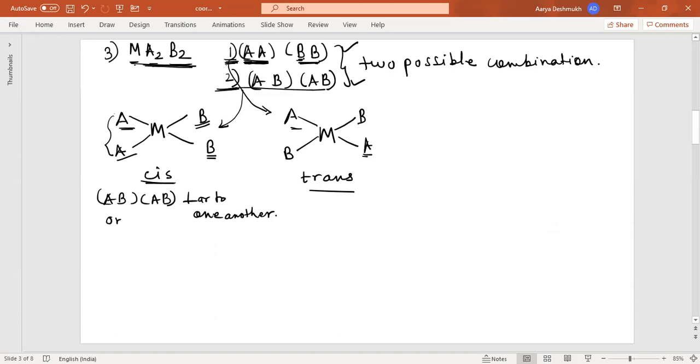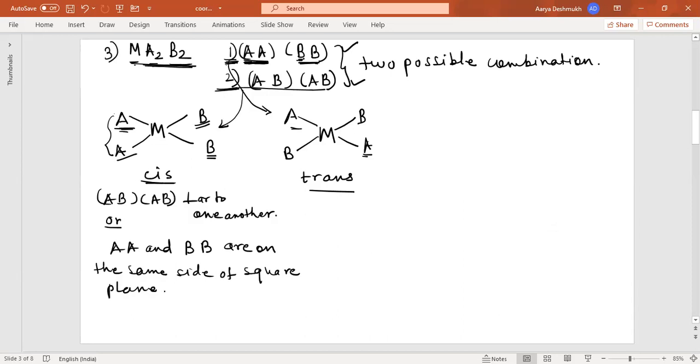Or you can write that it's AA and BB. I'm talking about the ligands. A and BB are on the same side of square plane. We are talking about the square planar complexes.